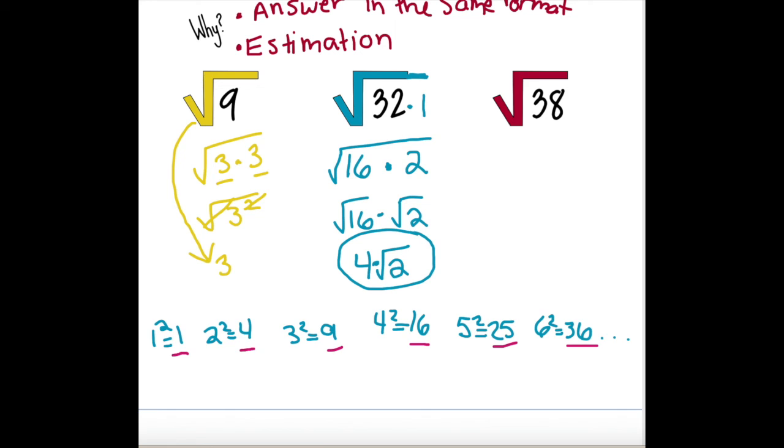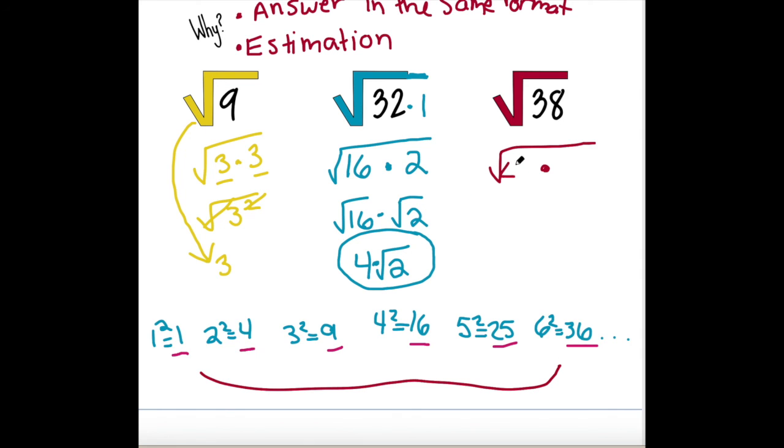Let's take a look at one more example. For our next example, we have the square root of 38. Once again, we want to begin by asking ourselves, are there two numbers, one of which is one of our perfect squares down here, that could multiply to give us 38? If we check by doing 38 divided by 4, we get 9.5.